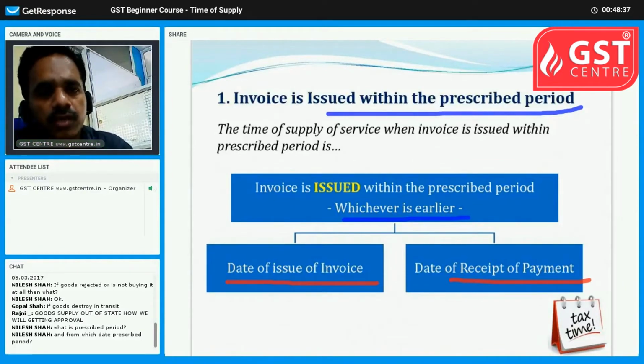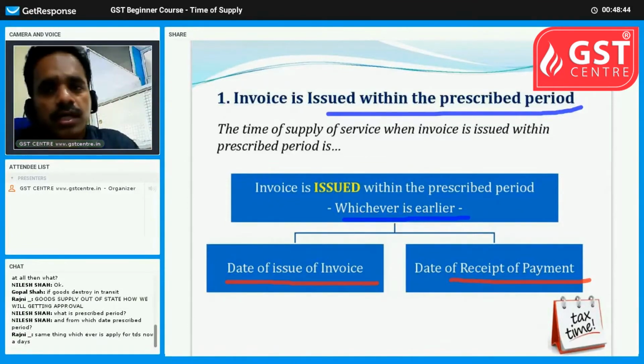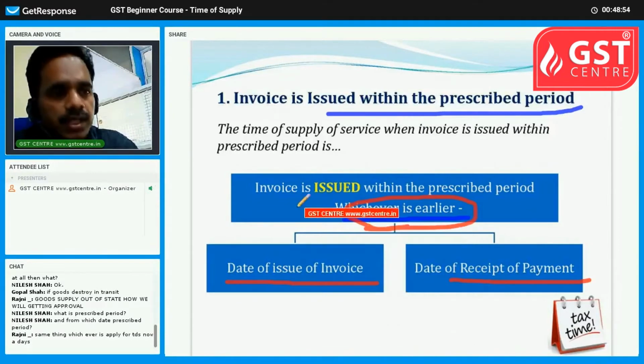So two dates are important. Whichever is earlier should be considered.